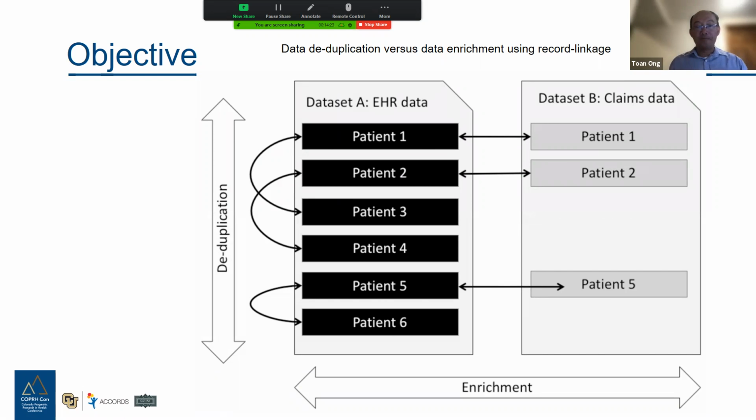And that's deduplication. But when you perform linkage outside of that one data set and reach out to another data set of a different type, for example, data set A here is medical record data, clinical data, sorry, and data set B is claims data. If you want to bring these 2 data sets together, you try to link the records in between these data sets. Next slide.